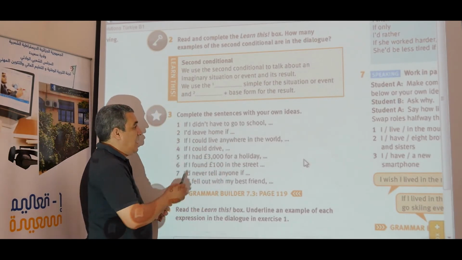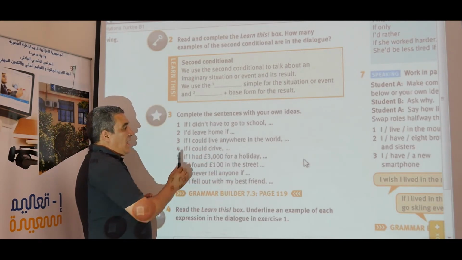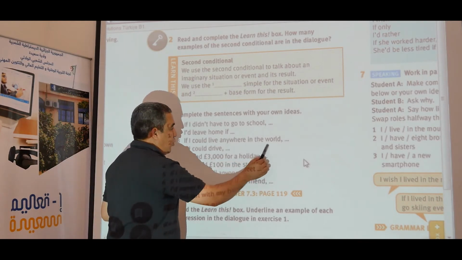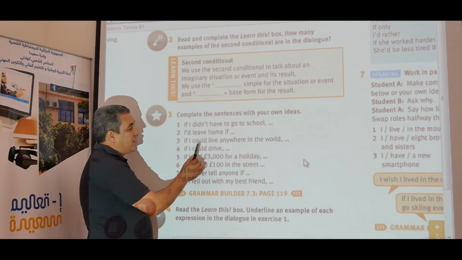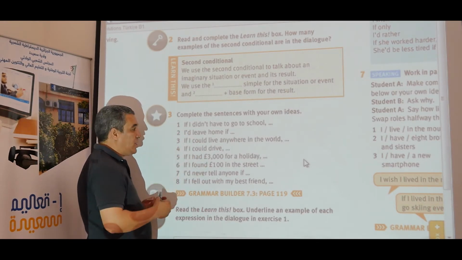I'd leave home if I could live anywhere in the world. Could here is for ability. It's still the conditional, but it's for the ability. Sometimes we can use could instead of would in a conditional.